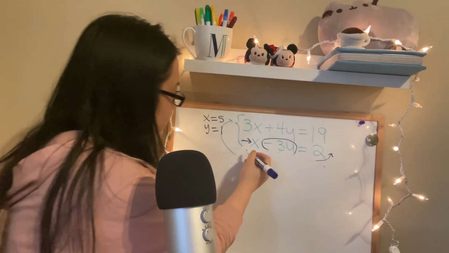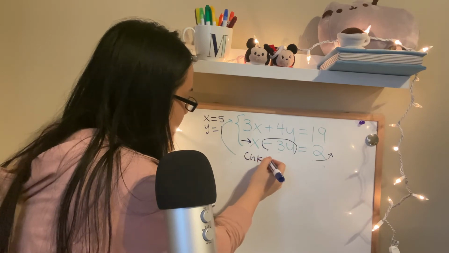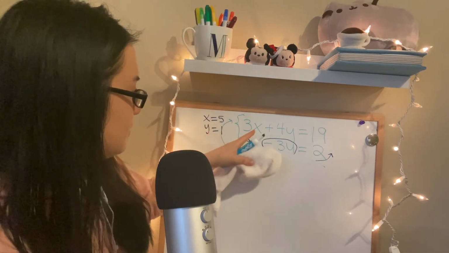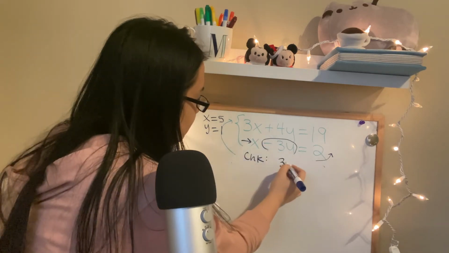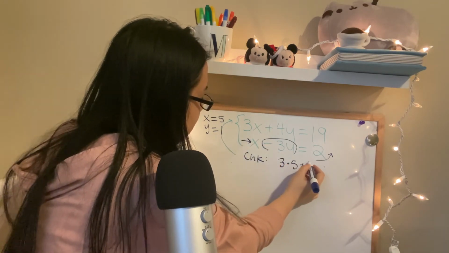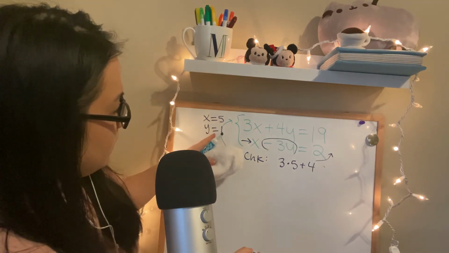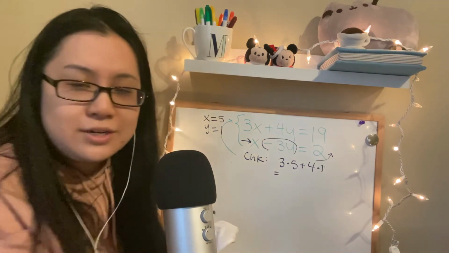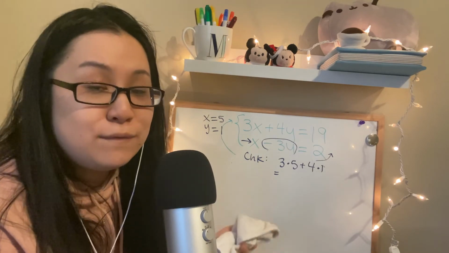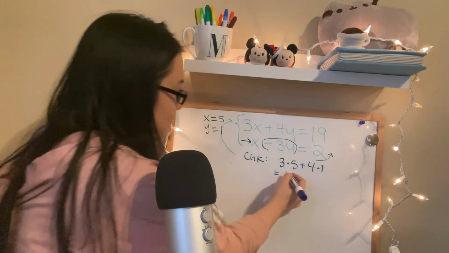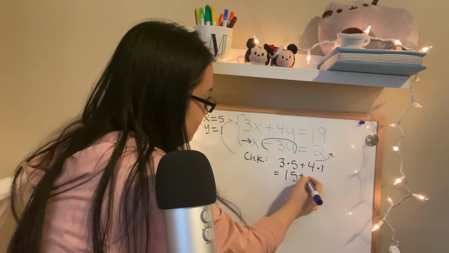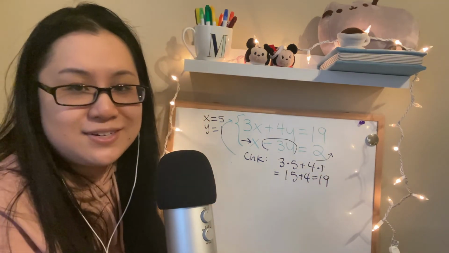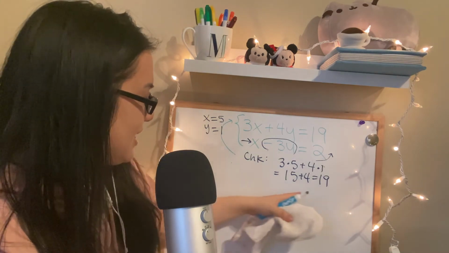So to check, we have 3 times 5 plus 4 times 1. 3 times 5 is 15. 4 times 1 is 4. 15 plus 4 is indeed 19. Nice.